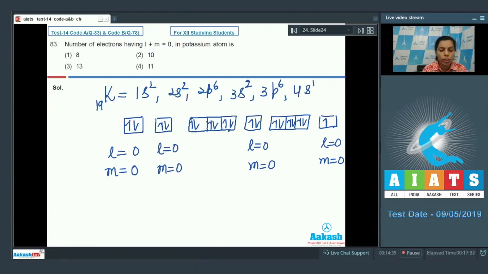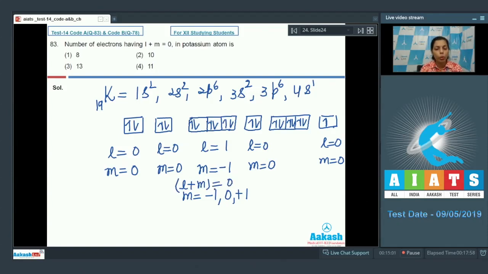Further, if I talk about this p orbital, in the case of the p orbital, the L value is 1. Now, the M value goes from minus L to plus L, you know that. On that basis, if M is minus 1, then L plus M would be 0 in this case.